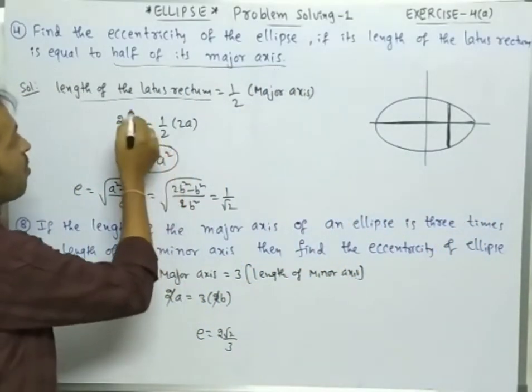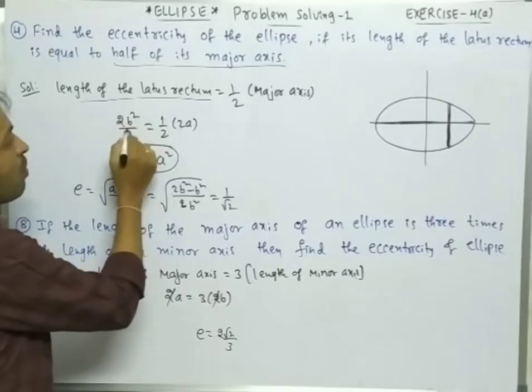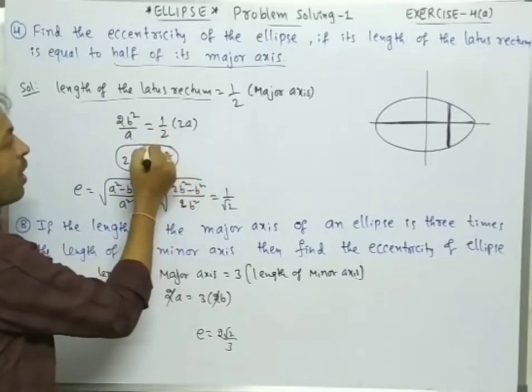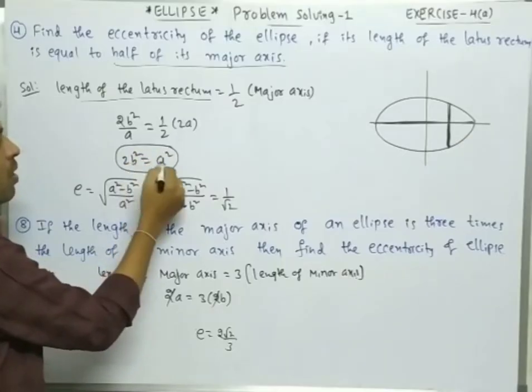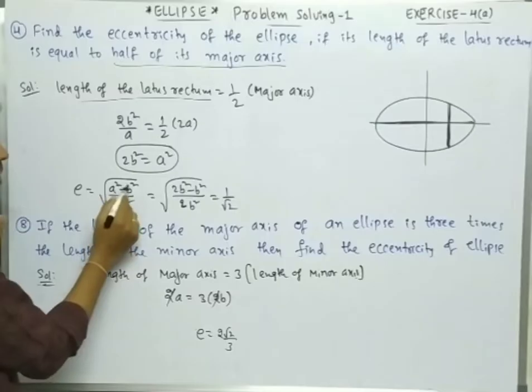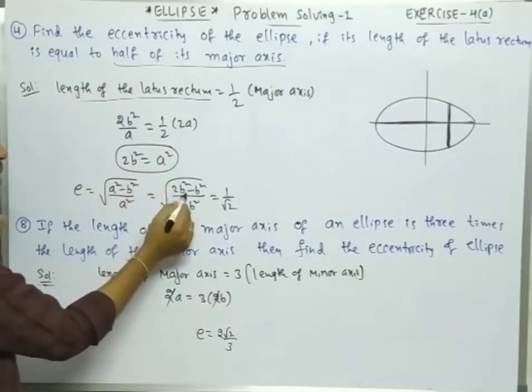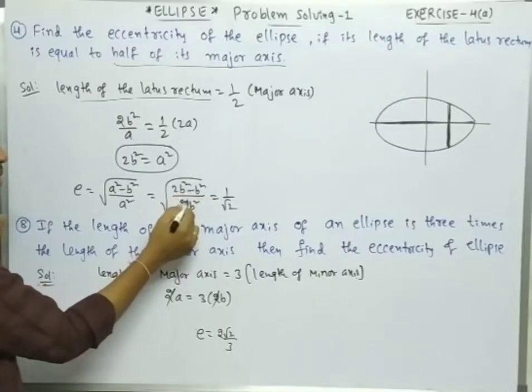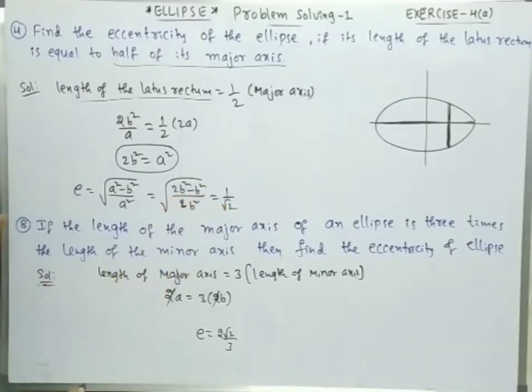Simple problem. Length of the latus rectum 2b square by a, half into the major axis length 2a. 2 cancels, you will get b square. 2b square is equal to a into a square. This is the eccentricity formula. Substitute the a square value here, that is 2b square. 2b square minus b square by 2b square. b square gets cancelled. Answer is 1 by root 2.